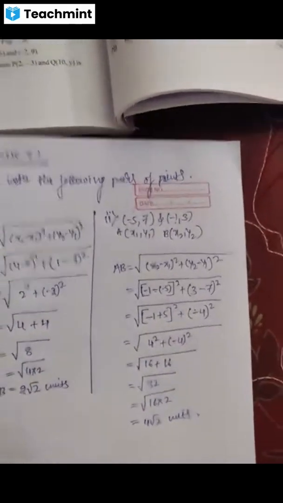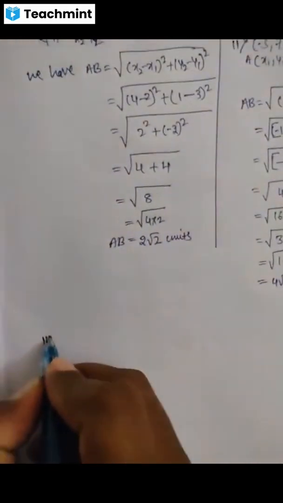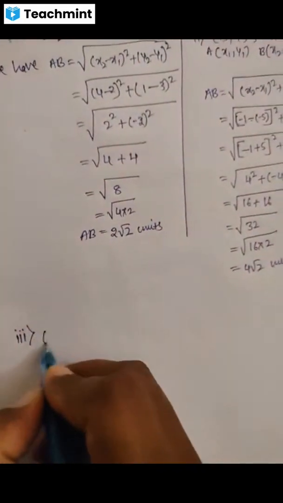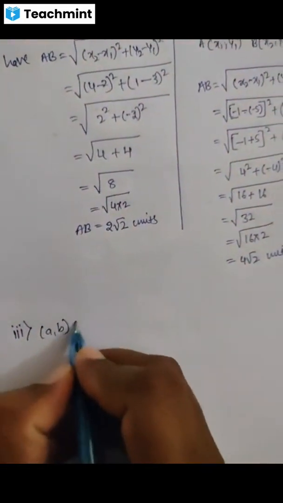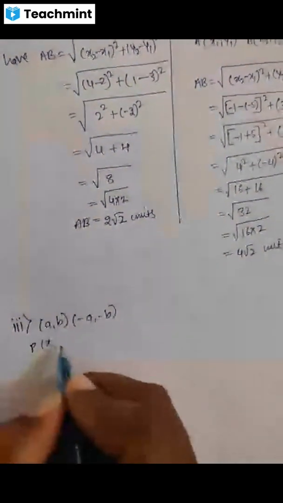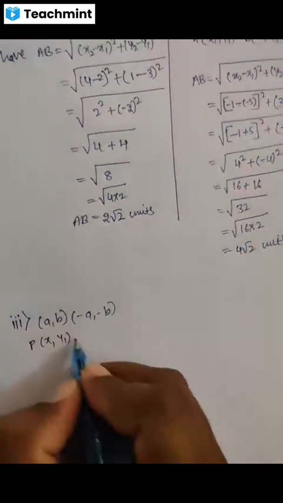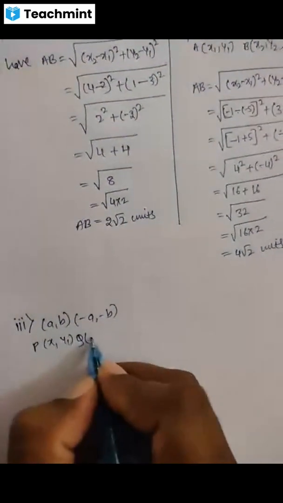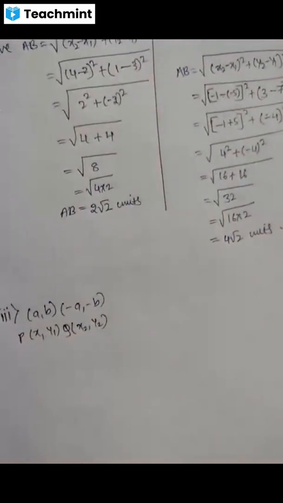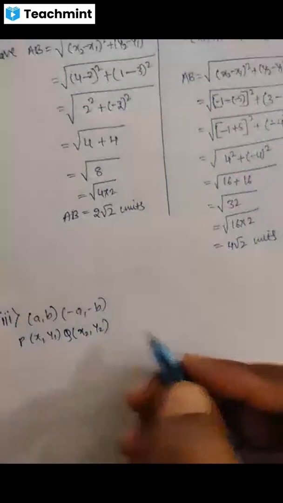So the third one, what is the third question? Here they have given (a, b) and (minus a, minus b). Take P as x1, y1 and Q as x2, y2. Here you may solve this with another formula, that is x1 minus x2.